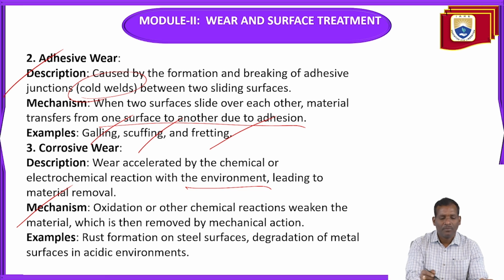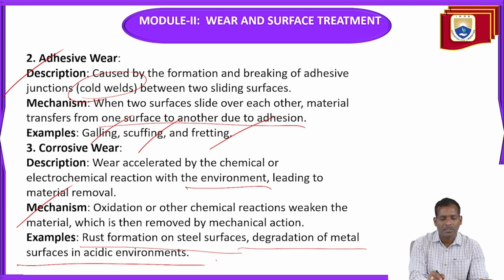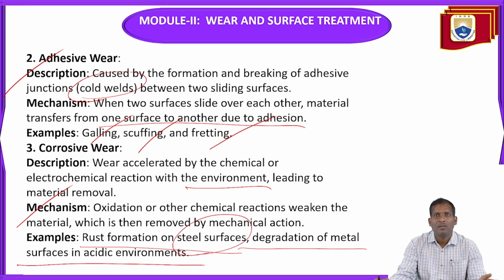The examples are rust formation on steel surfaces, and degradation of metal surfaces in acidic environments. For corrosion wear, one example is rust formation on steel surfaces. Whenever the components or products are exposed to environmental conditions, there is rust, which is called corrosive wear.